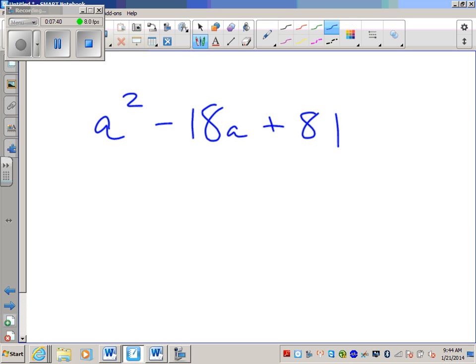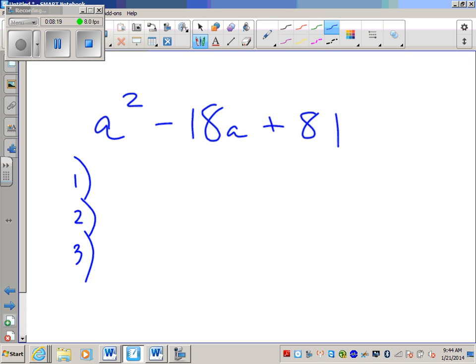Now, we really have only worked with, this one has 3 terms. 1, 2, 3. The only concept that we've worked with that dealt with 3 terms was what? Perfect squares. So here's where we say, is the first term a square?